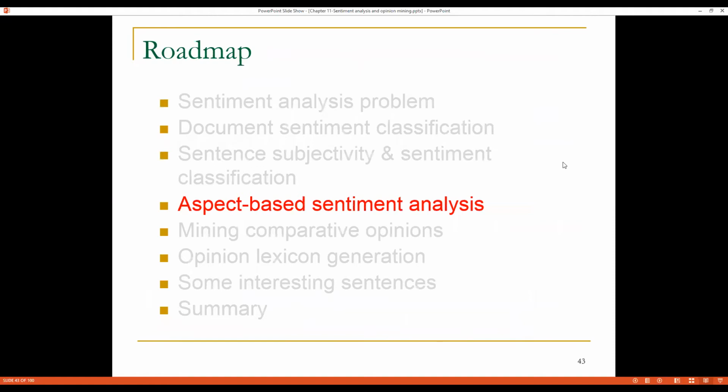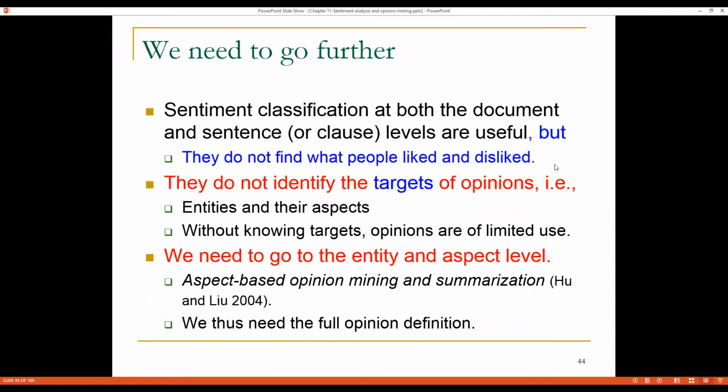So we may need to go further. And sentiment classification at both the document and sentence or clause level are useful, but they do not find what people liked or disliked. They don't identify the targets of opinions, the entities and their aspects.